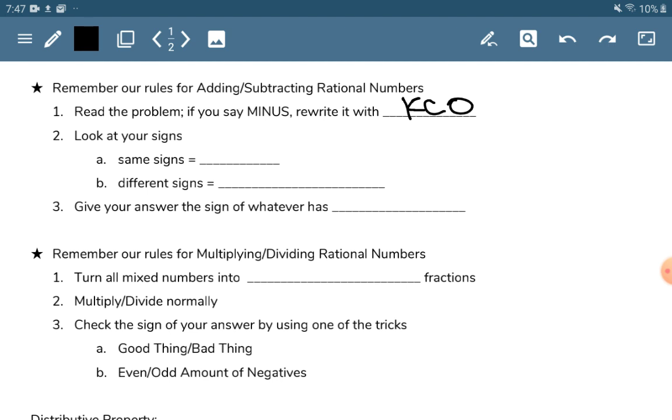Once we have an addition problem, either because they gave it to us or because we rewrote it, we're going to look at our signs. Same signs tells us to add, and different signs tells us to subtract. Once you do either the addition or subtraction, look at what you have more of and give your answer the sign of whatever you do have more of.